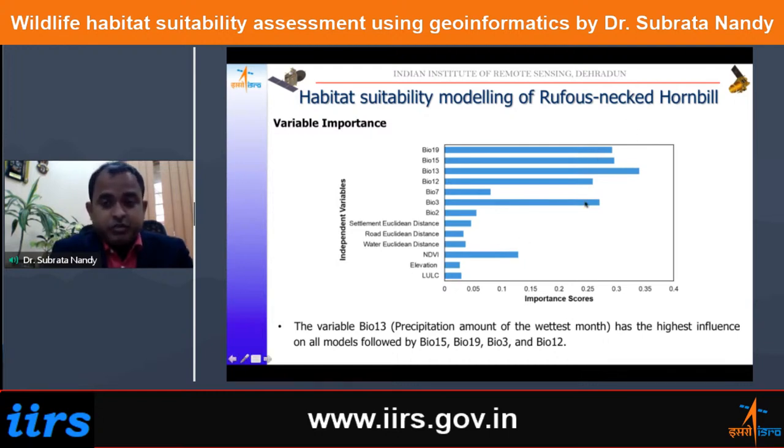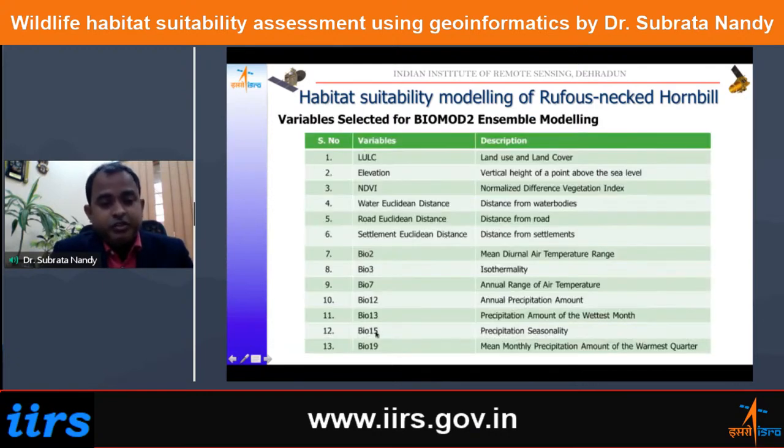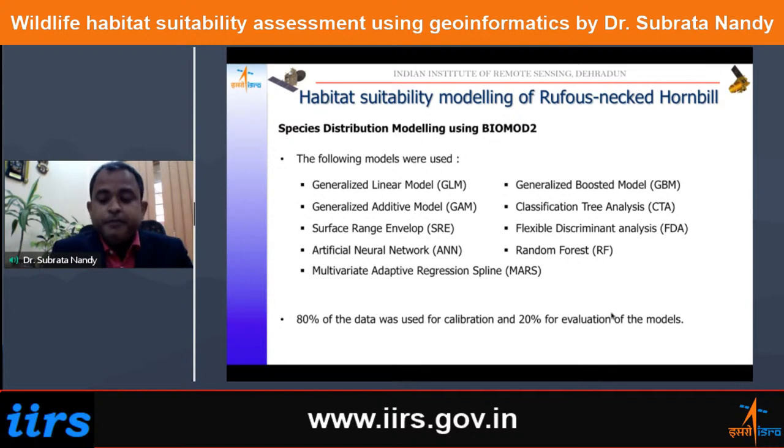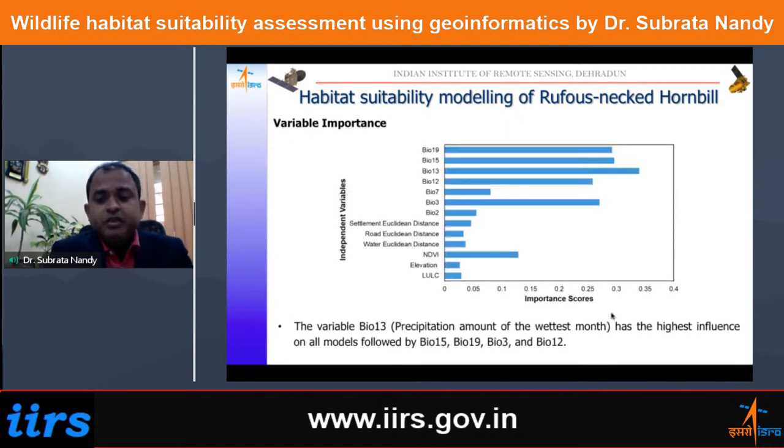So these are the most important variables. Out of these selected variables, we could learn that this was found to be the most important variable, with the highest influence in all the models, followed by 15, 19, 3, and 12.